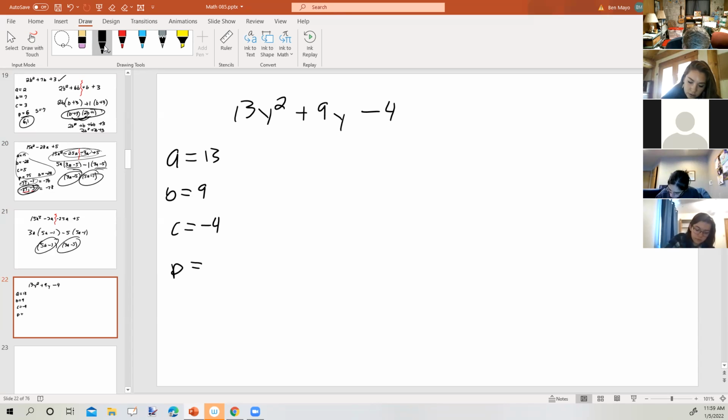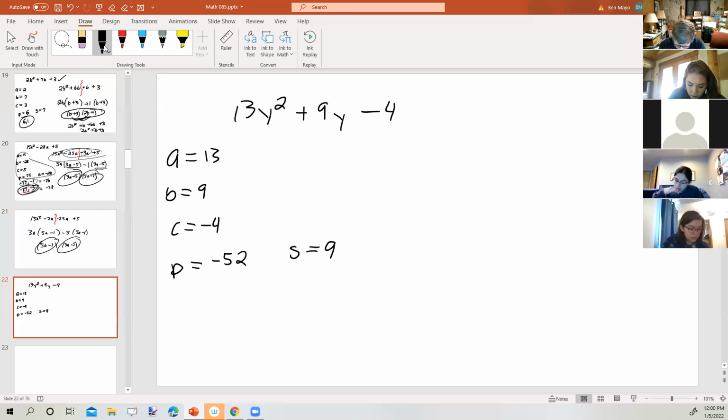The product is -52, and the sum is 9. Did I copy that right? I'm suspicious. 13y squared, where did I get that? Minus 4. Yep, that's right.